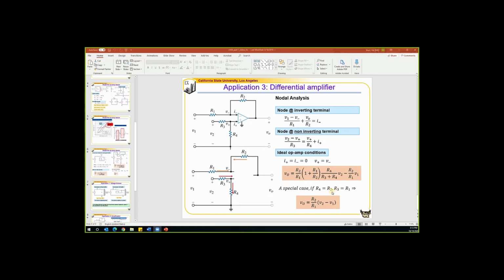We can select resistors to meet a certain requirement, which allows us to design circuits with certain functions. For example, if I ask you to design a circuit that equals something times V2 minus something times V1, you will know this is a good template to start with. And because this template has multiple different resistors, you have a lot of choices when selecting resistors.